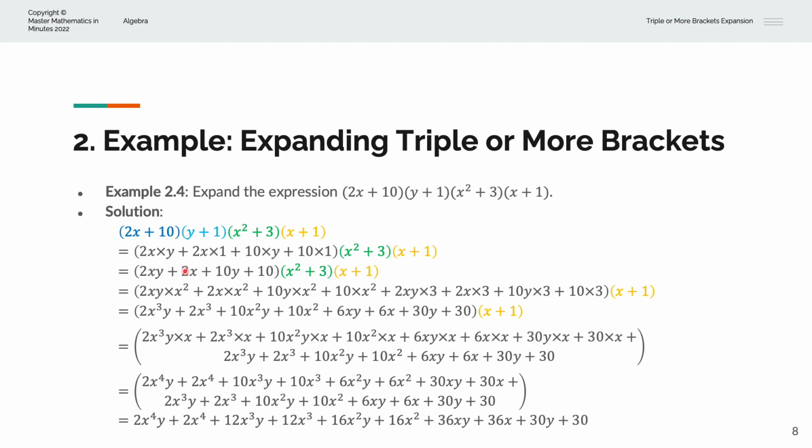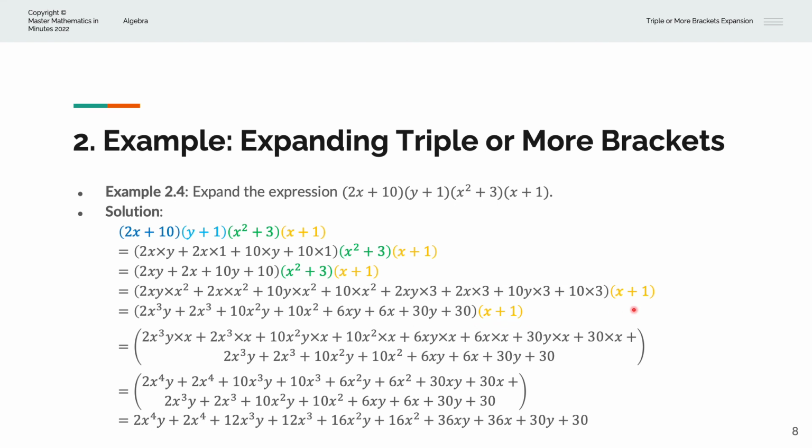So multiply each of the terms in the first bracket by 3 now. So 2xy multiplied by 3 is this term, 2x multiplied by 3 is this term, 10y multiplied by 3 is this term here, and 10 multiplied by 3 is that final term. And we'll copy x plus 1 down. So we'll simplify the first bracket with 2x cubed y plus 2x cubed plus 10x squared y plus 10x squared plus 6xy plus 6x plus 30y plus 30.